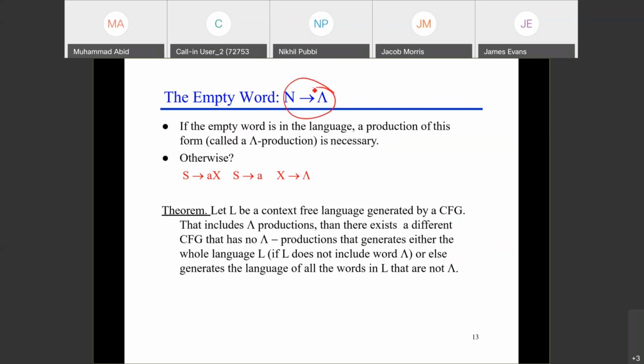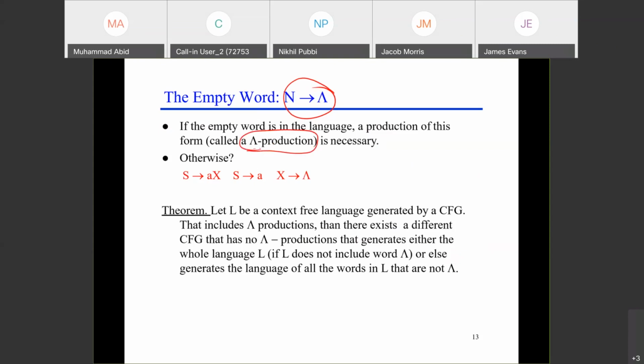If a grammar has any production rule which generates lambda, we say that this is a lambda production. It's an empty word. If the empty word is in the language, a production of this kind is called a lambda production.